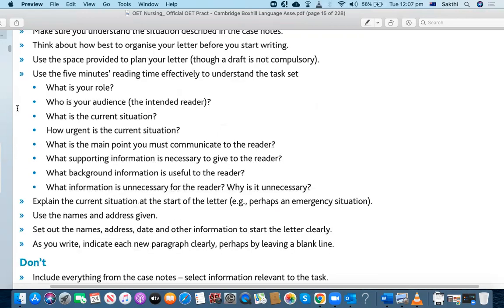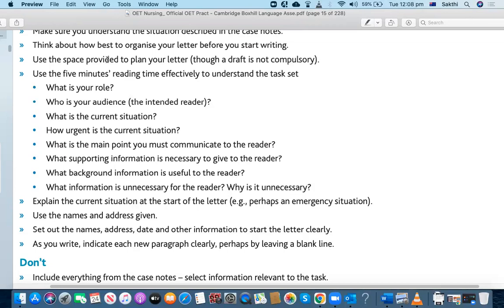As I mentioned previously, you will have the space provided. You will have the answer sheet, and then there will be some draft pages as well in the writing question paper. So you'll have two different things. One is the question paper and the other is the answer sheet.